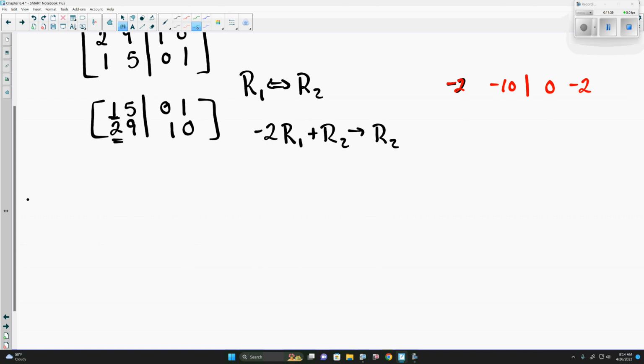Now we're adding it to row 2, so we have 2, 9, bar, 1, 0. And we're adding them together.